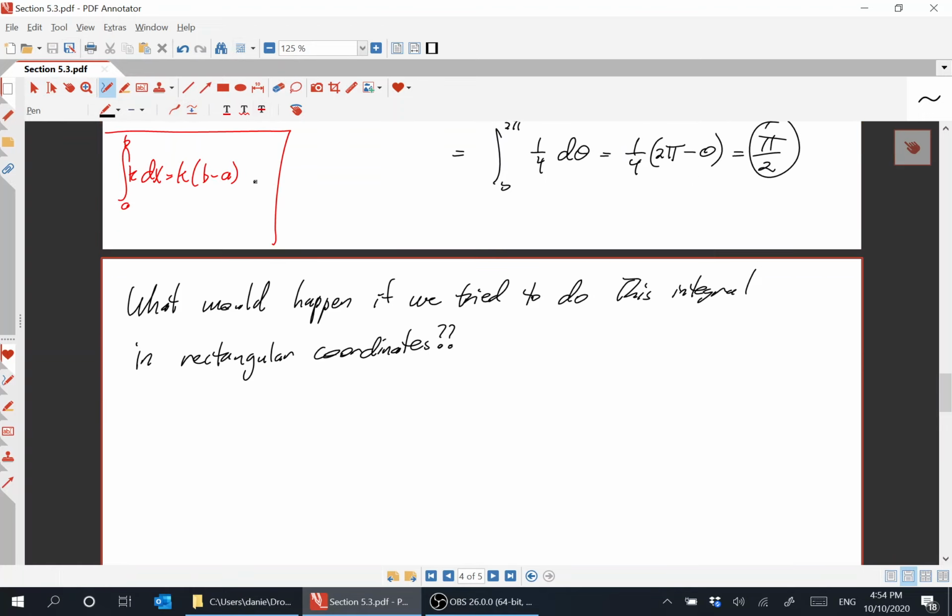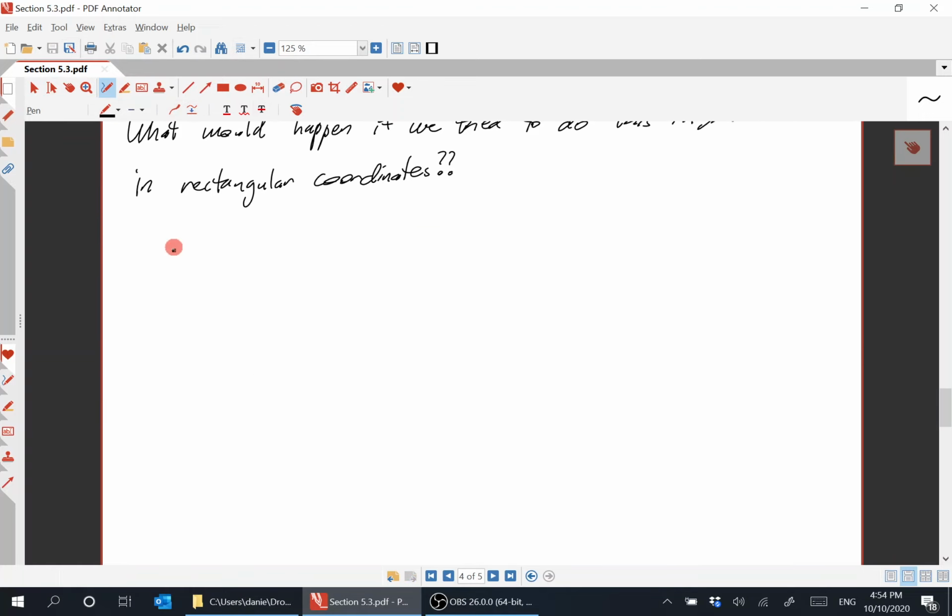Okay, so it was the double integral over r of 1 minus x squared plus y squared dA, where r is the unit circle.